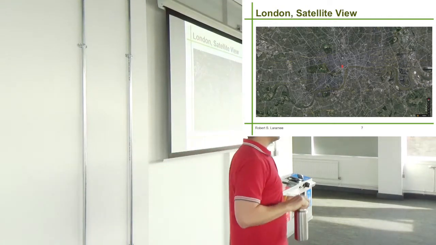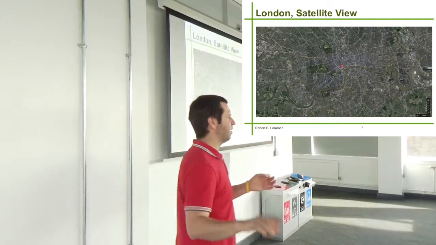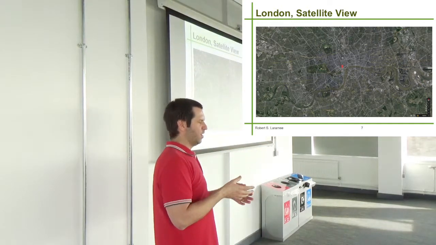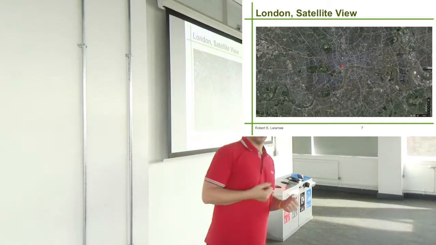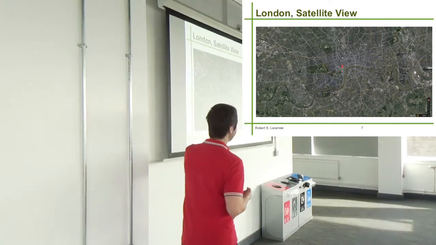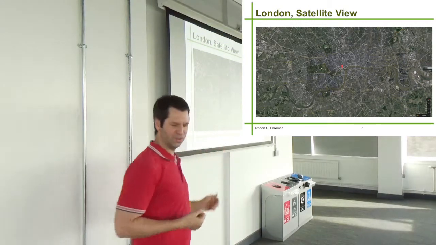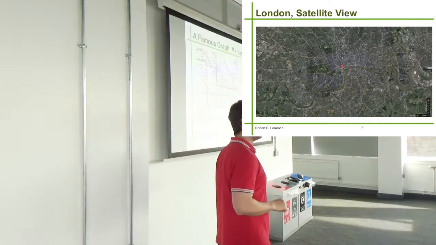If you're lost in London and you went up to somebody and said, "I'm lost, can you show me where I am?" And they said, "Yeah, you have two options. I can show you on this map if you want, or I can show you on this map where you are."